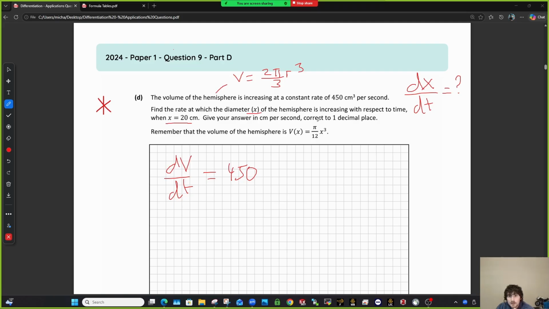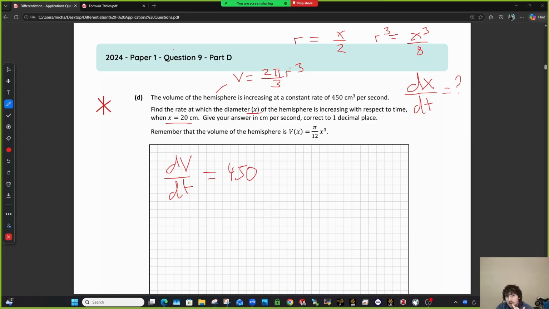Give your answer in centimeters per second, okay? Remember the volume of a hemisphere is this. So where did they get that from? We probably could have derived that ourselves, knowing that the radius is x over 2 if the diameter is x. So then r cubed would be x cubed over 8.